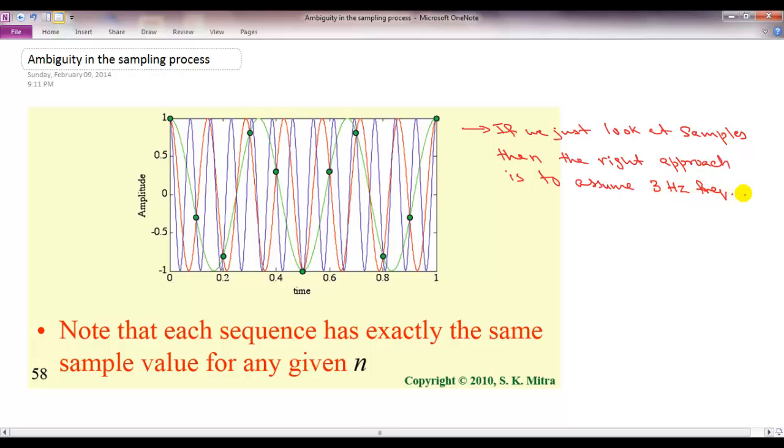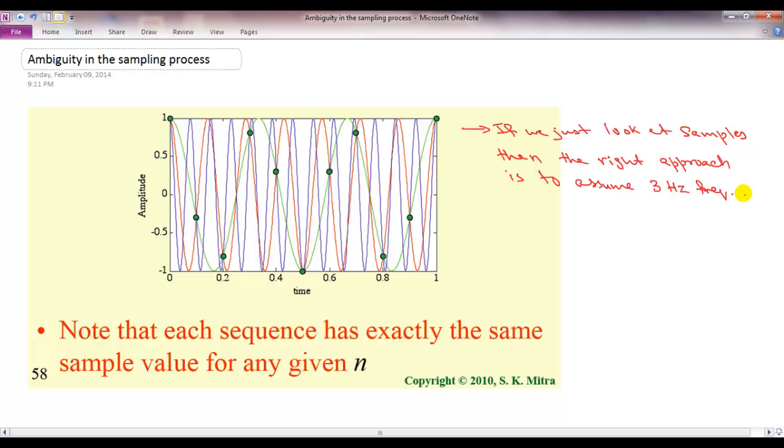And this phenomenon is very common in sampling theory, where something which is higher frequency appears as lower frequency when you sample it. So we looked at the signal of 13 hertz, it appears as a 3 hertz signal.